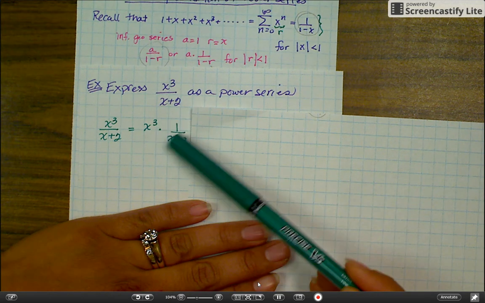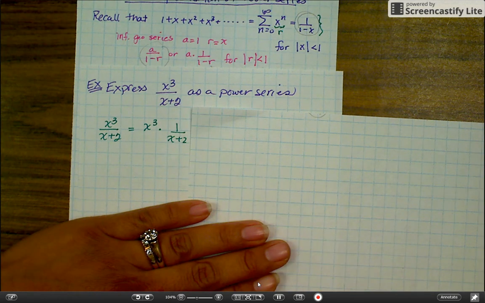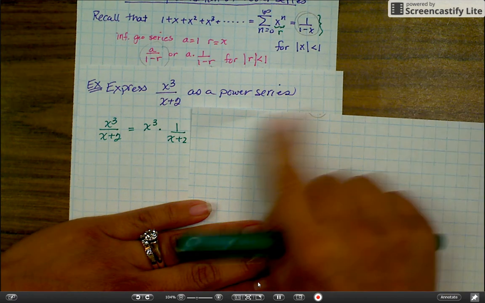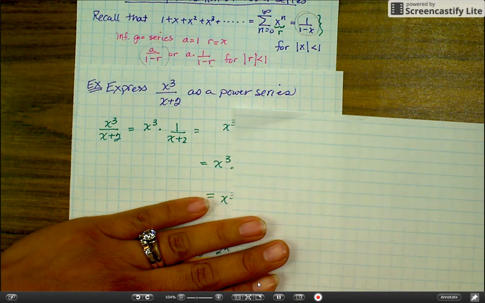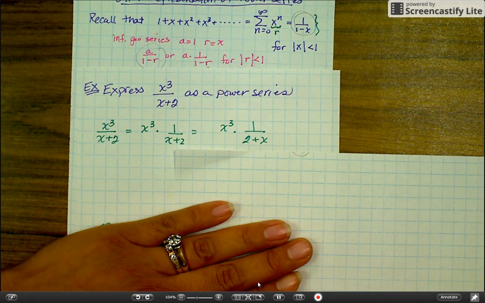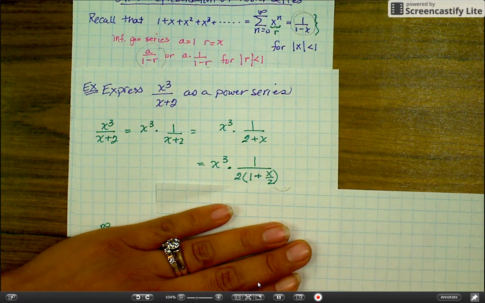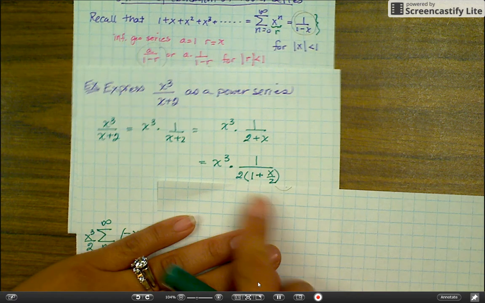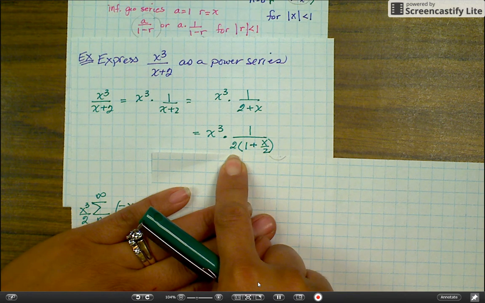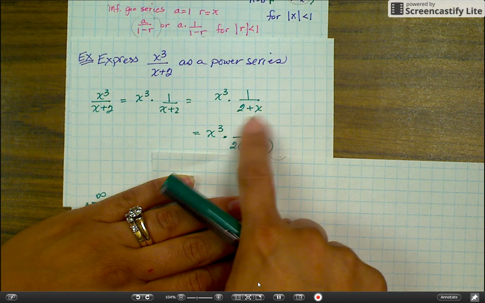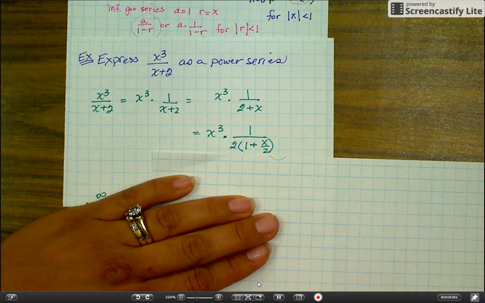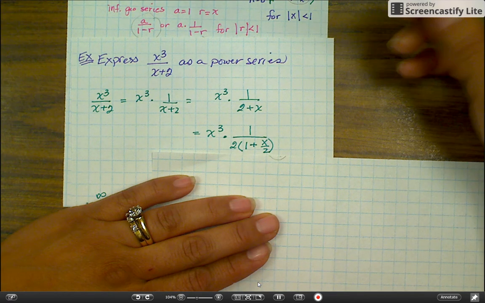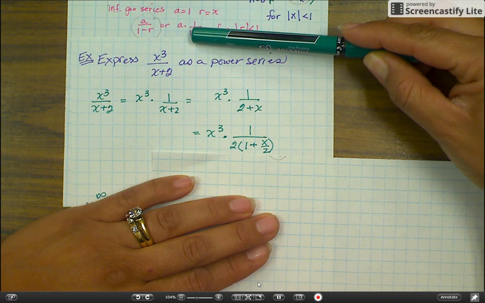Now I'm going to work with this part of my expression. It's a little confusing with my x being here, and I would like my x to be in this spot. So I switched those two, and I factored out the 2, because I wanted to get a 1 in this spot.